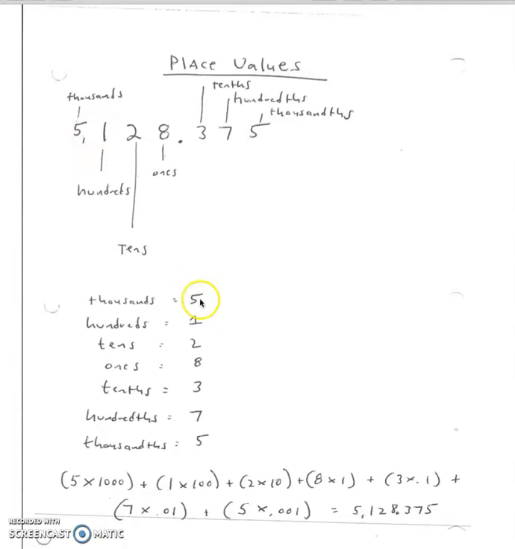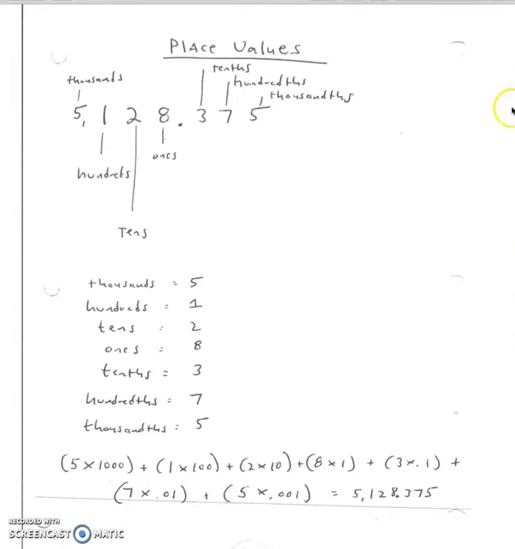That way we know exactly where these place values are. Down here, I wrote the same number and put the place values to the left. Let me scroll this down here. If we look at this, 5 is in the thousands.